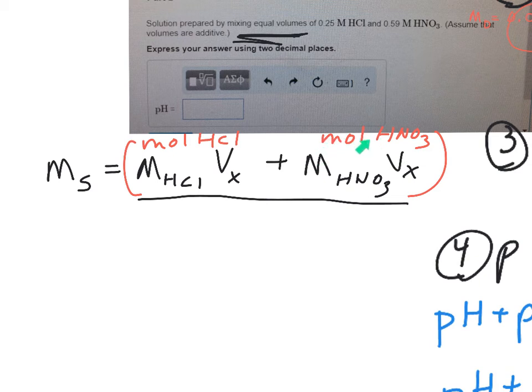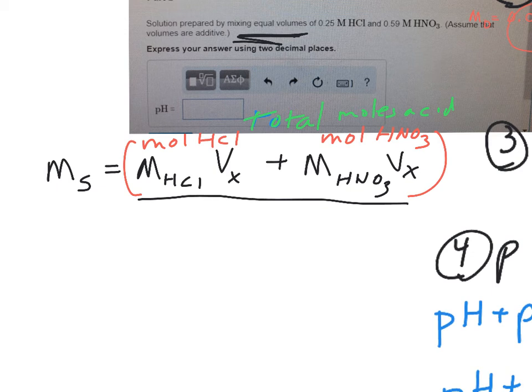So I have my moles of nitric acid right here. If I add these two together, then I've got my total moles of acid. So I have my total moles of acids in my top term.